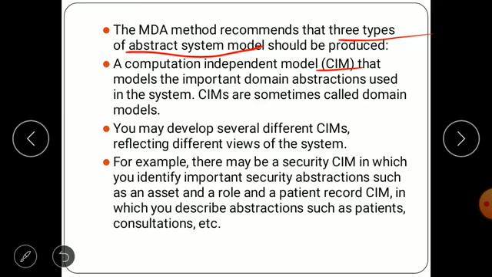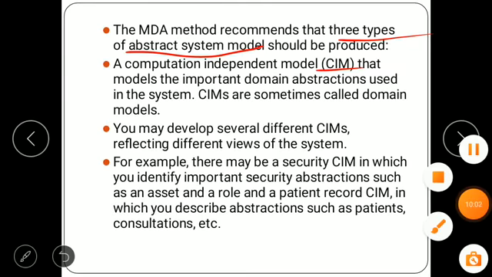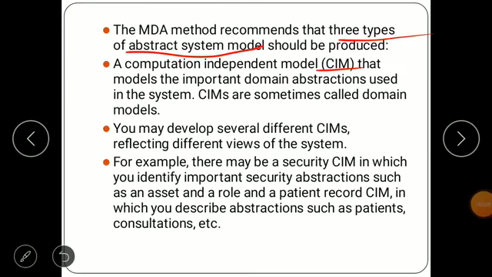A computation independent model that models the important domain abstractions used in a system. CIMs are sometimes called domain models. The CIM models are nothing but domain models, the important abstractions.